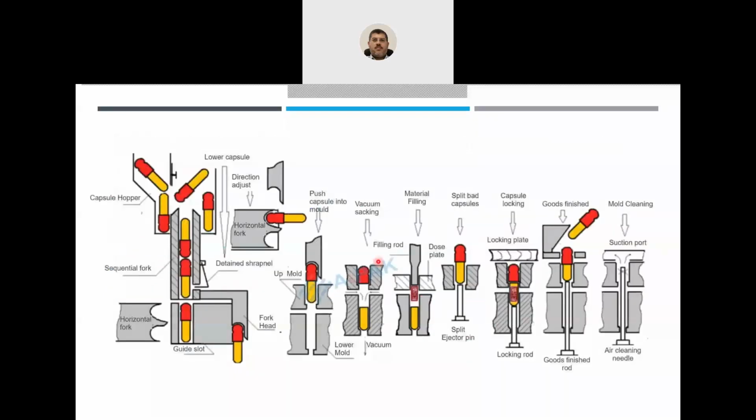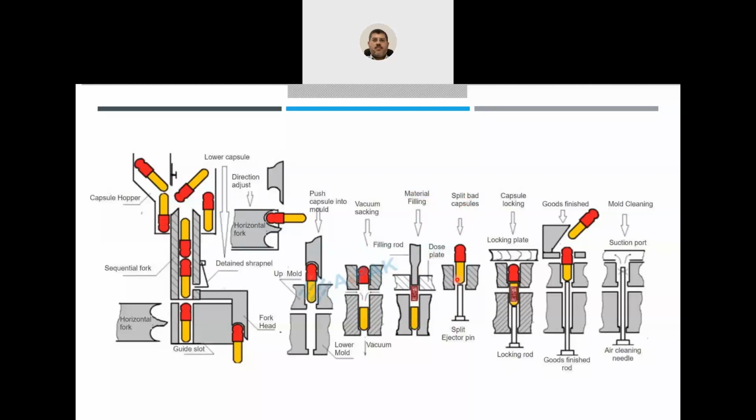As you see in the figure, this capsule is closed, and it will be fed into the machine, and then they will be guided to have a certain direction. Then by some force, like vacuum here for example, the two parts will be separated, and then the granules or powders will be filled into one part of the capsule, and then the cap will be put on.